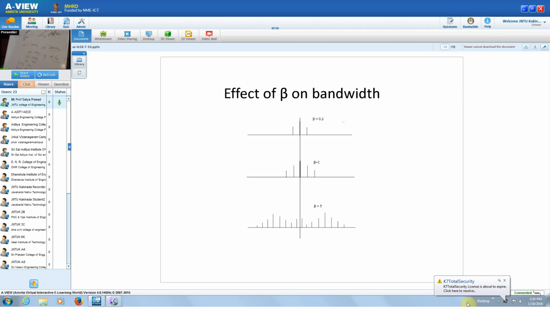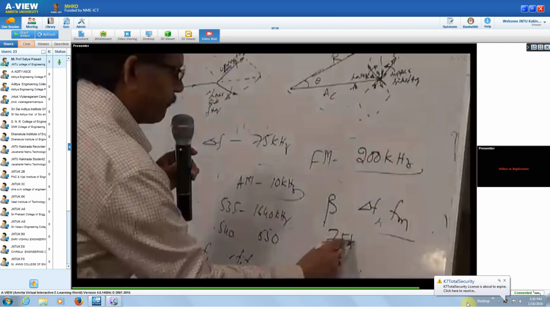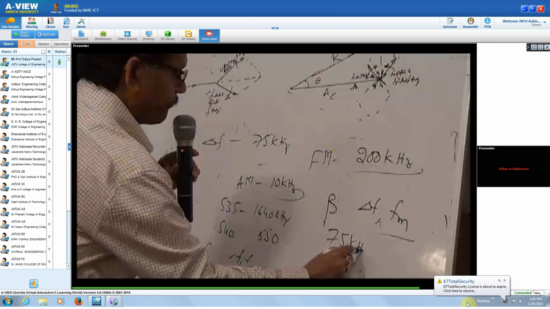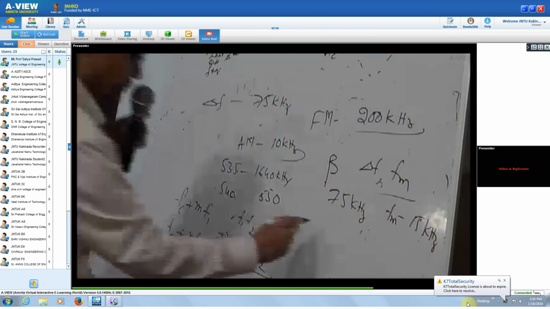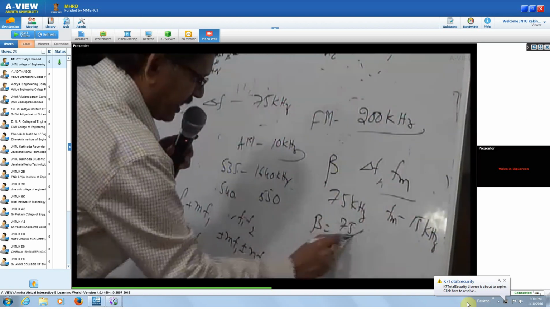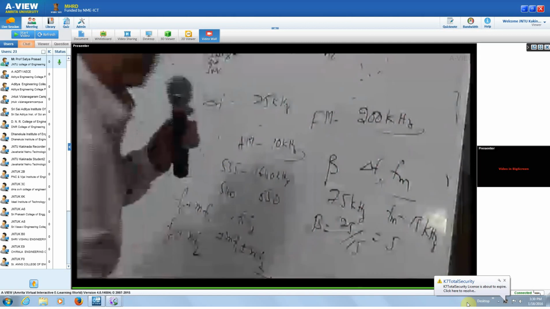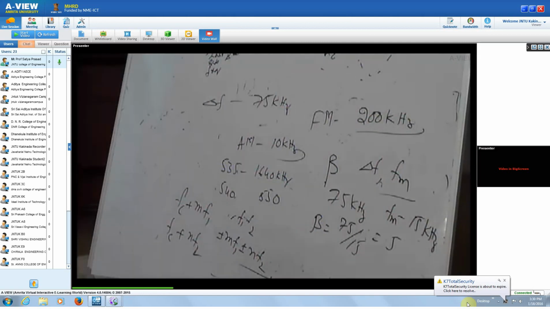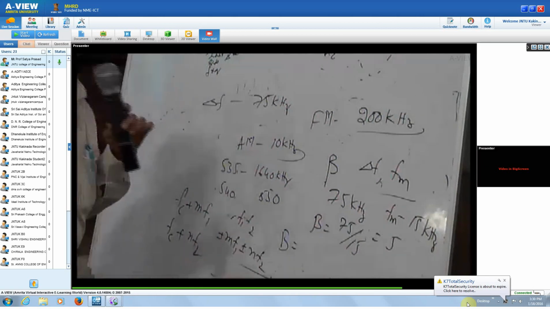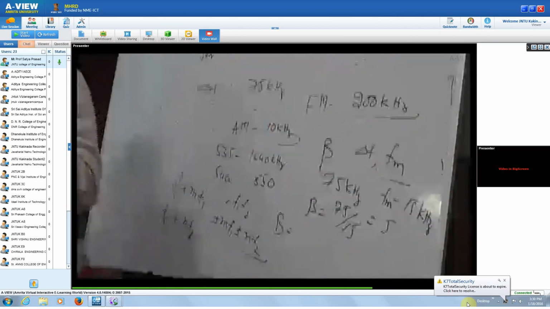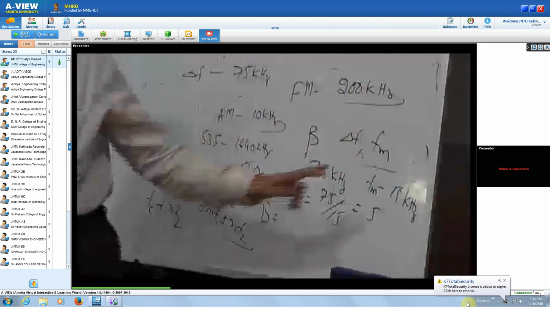So if you say that your delta F is 75 kilohertz and FM is the maximum frequency, 15 kilohertz, then what is the beta that you can allow? 75 by 15 equal to 5. But what is the bandwidth that we are going to have? 2 into beta plus 1 into FM.